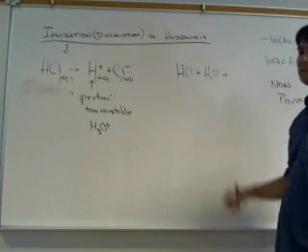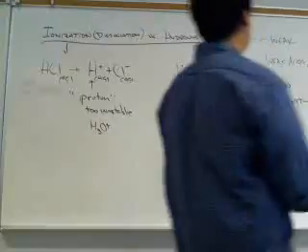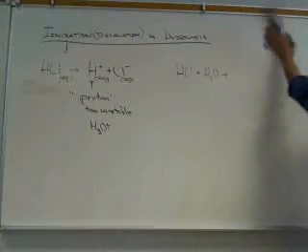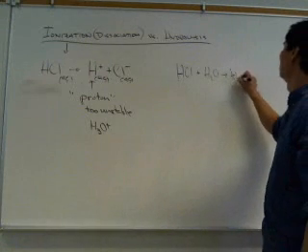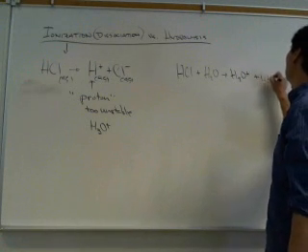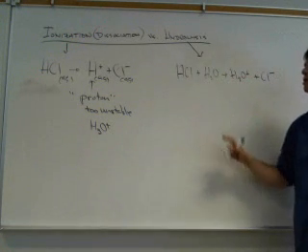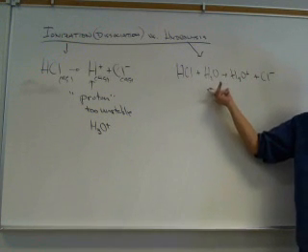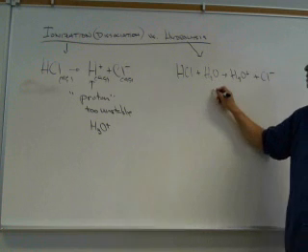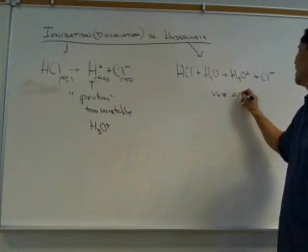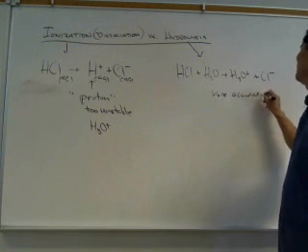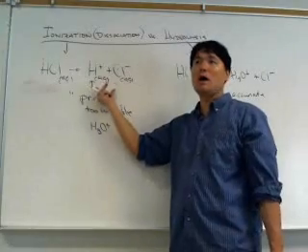When the water plucks the proton off, we form hydronium and chloride ion. So we have ionization versus hydrolysis. Hydrolysis is much more accurate, but we still use the ionization equation often.